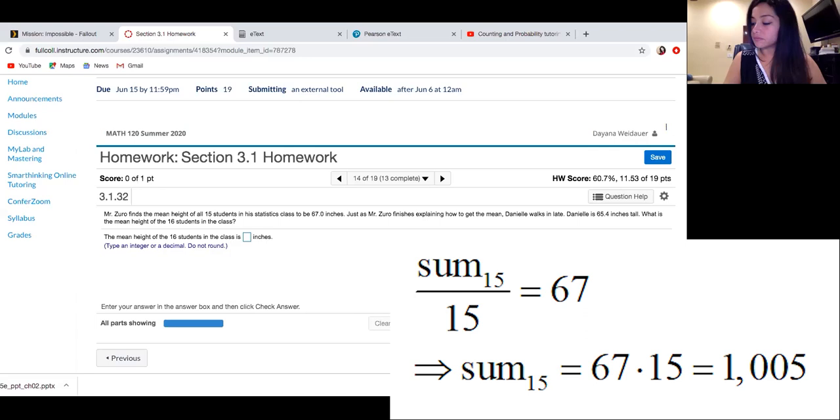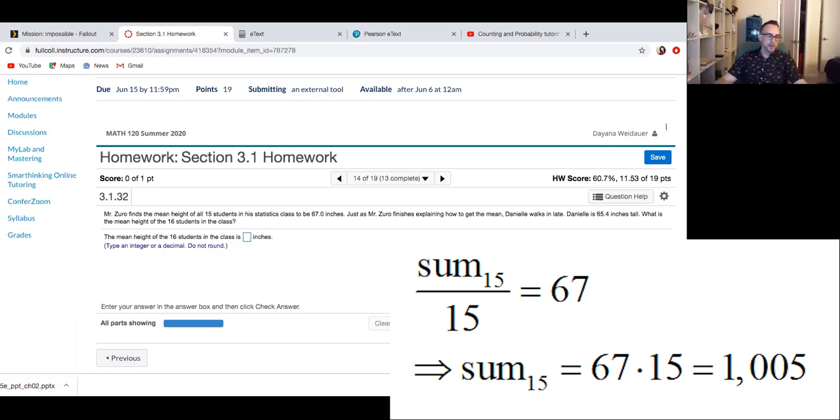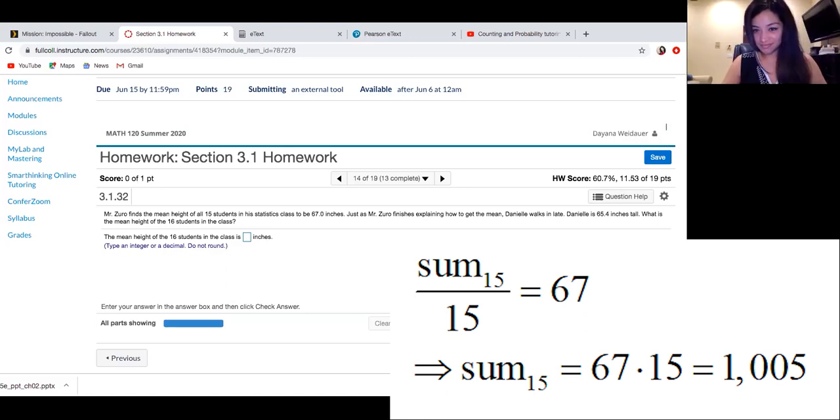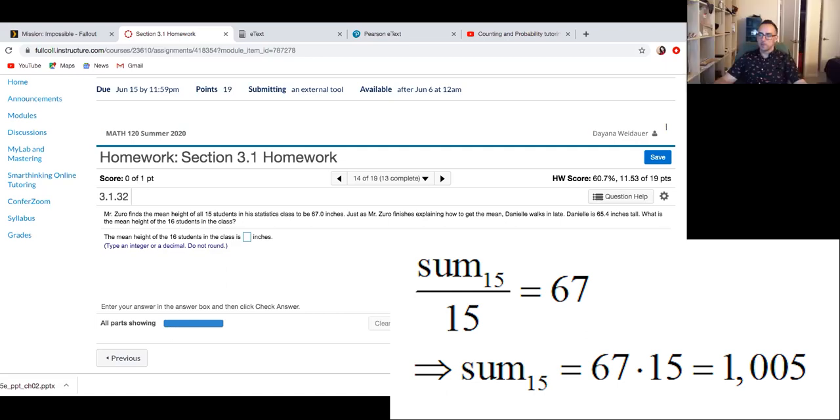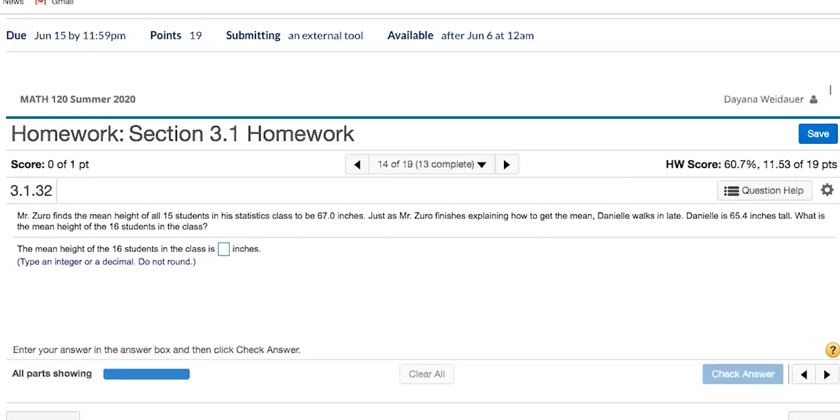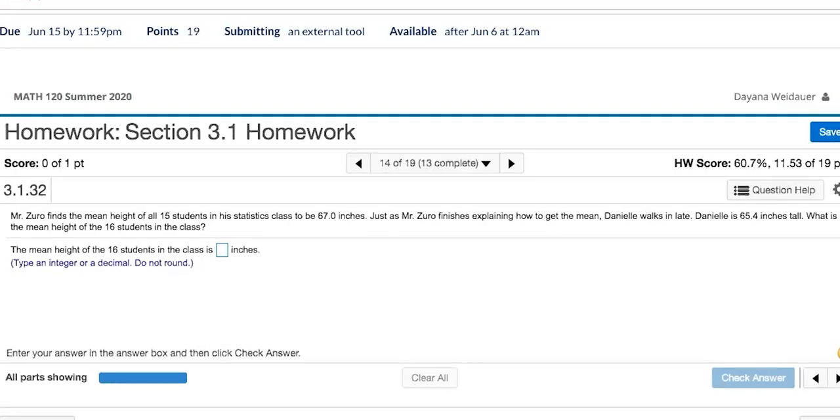You ready for the second phase of the question? The second phase is to go to the next sentence. Danielle is 65.4 inches tall. What is the mean of the 16 students?